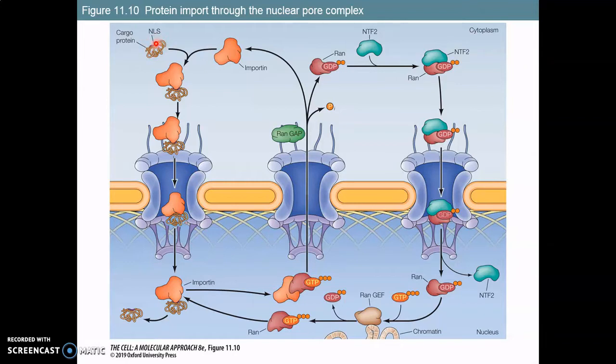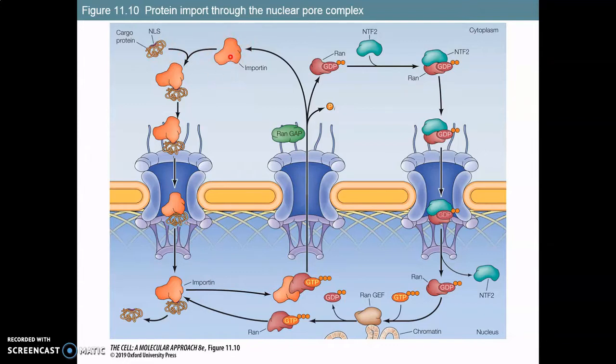That doesn't need to be on any particular part of the protein, it just needs to be exposed. So it doesn't have to be at the front, it doesn't have to be in the back, it doesn't have to be in the middle. It could be any one of those, so long as it's on the surface and available to be seen by this protein called importin.